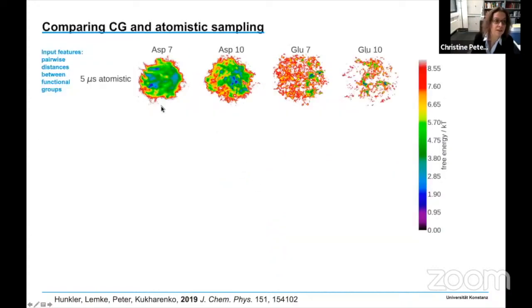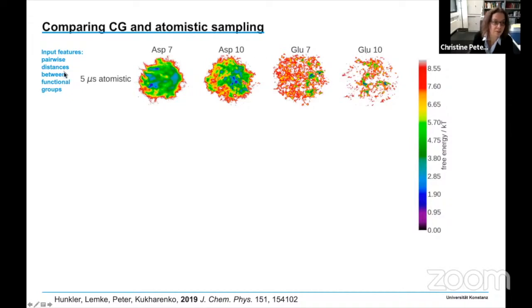So what do we see here? Here we see two-dimensional maps of aspartic acid 7 and 10, so heptamers and decamers of aspartic acid, and of heptamers and decamers of glutamic acid. Those are made from 5 microsecond atomistic simulations of each of those peptides.